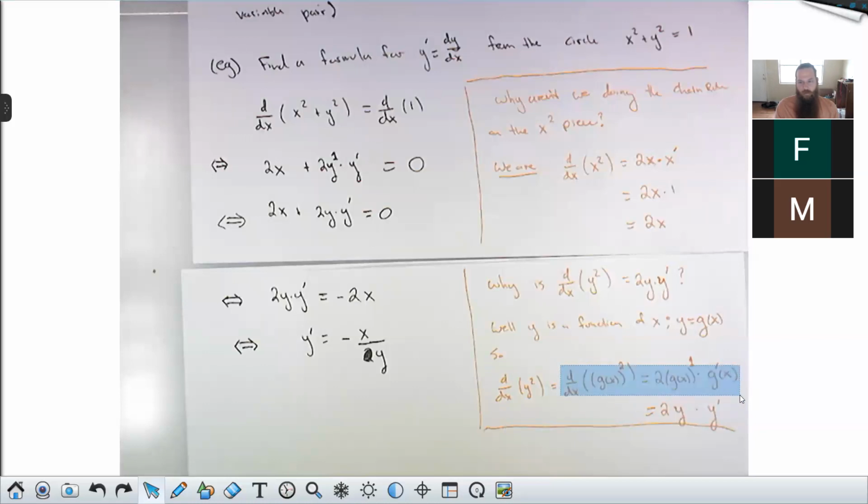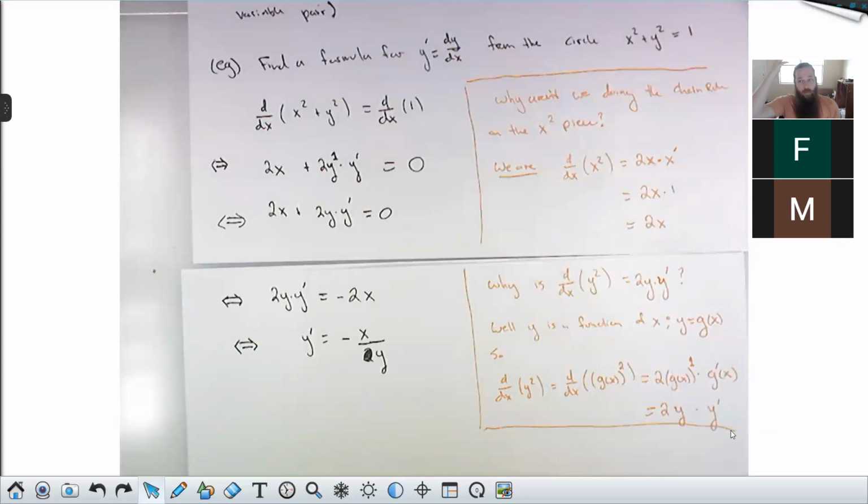This is a straight up chain rule thing. We differentiate the outer function, that's the 2, the squaring function here. 2 comes down, power goes down by 1, we leave the inside alone, and then we multiply by the derivative of the inside. Well, if y is equal to g of x, then g primed of x is y primed.